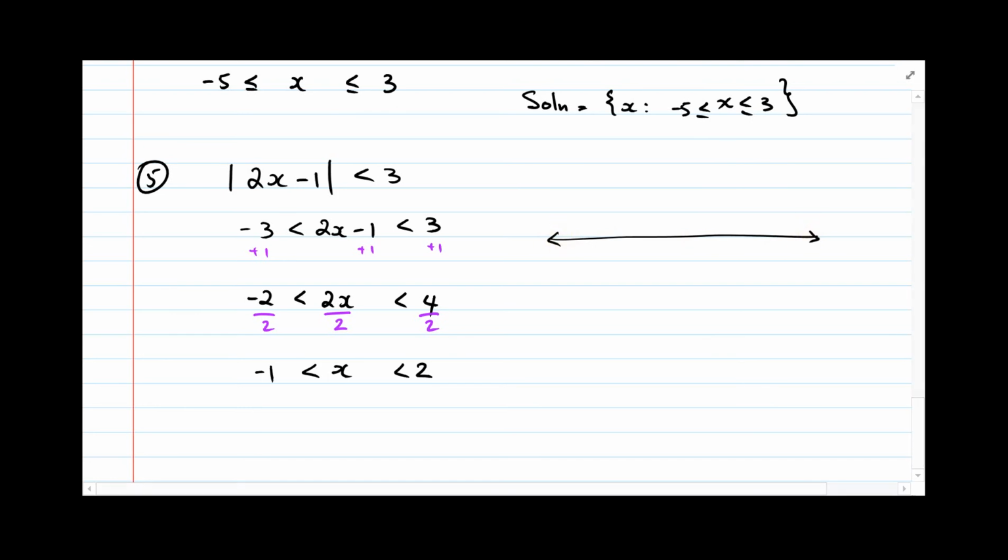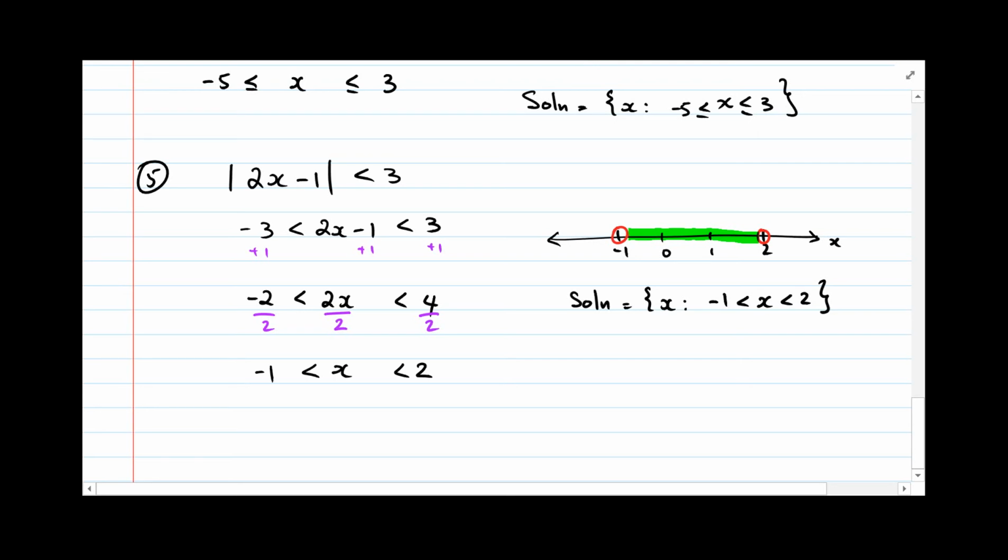Graphing this on the number line, here we'd have negative 1, 0, 1, 2. Here's our x. We would have an open circle at each of these and shade in between. Okay. Don't forget to write your solution set. The solution is the set of x's such that negative 1 is less than x is less than 2.